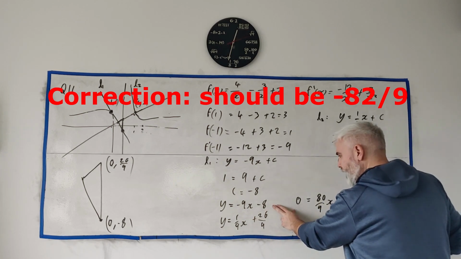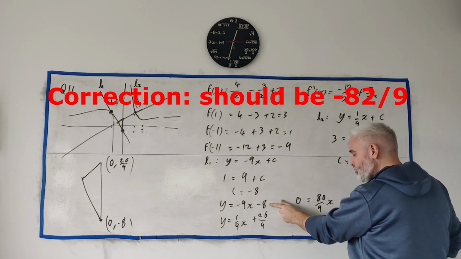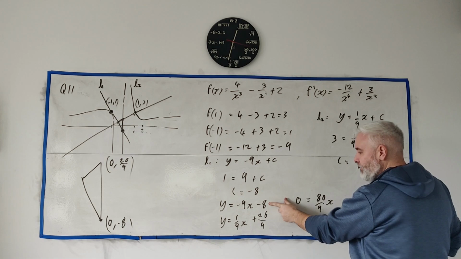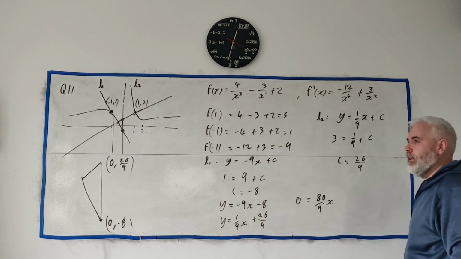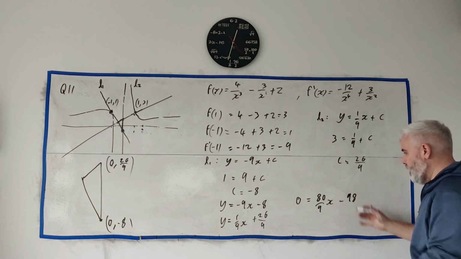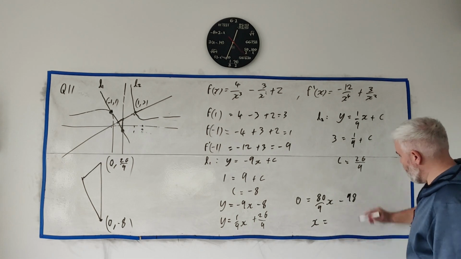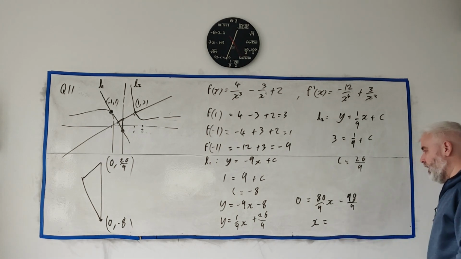So 80/9 x, and minus 8 is minus 72/9. Minus 72, take away another 26 is 98. So that's minus 98. Before we solve for that, let's put that 9 back in.